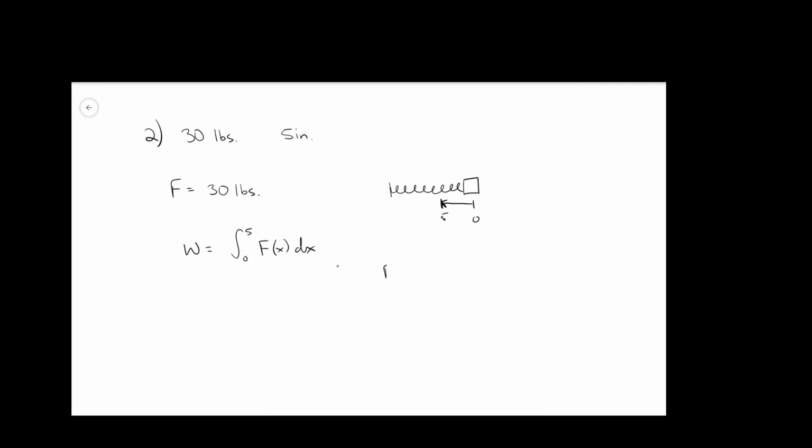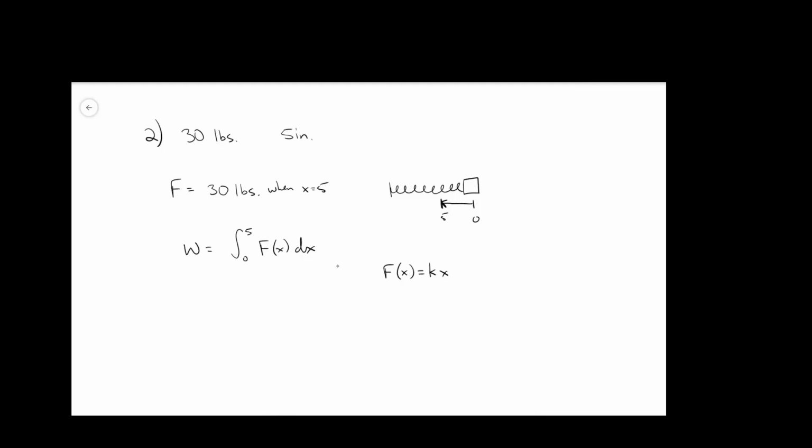So using Hooke's law, we have f of x is equal to kx, and it says that it takes 30 pounds to compress it 5 inches from its natural length. 30 pounds when x equals 5, I should say. And so how are we going to use that information to figure out what that function is?